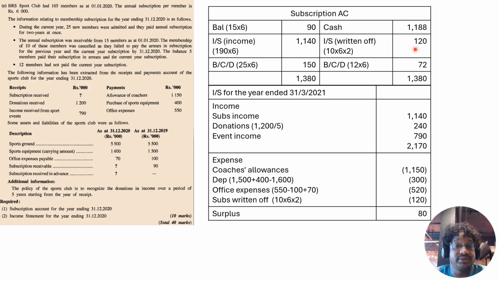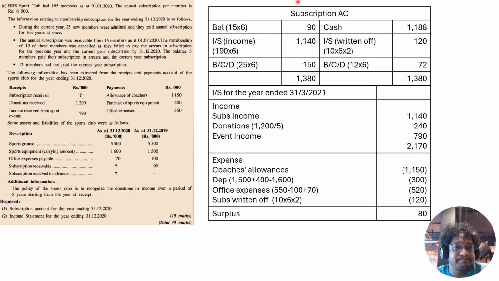So that amount you should credit to the subscription account, as well as identify this 120 subscription written off as an expense, right? And then it says 12 members had not paid for the current year, so that is receivable as at closing date. So that amount you should identify as a balance carried down in credit side. So 12 into 6, 72.